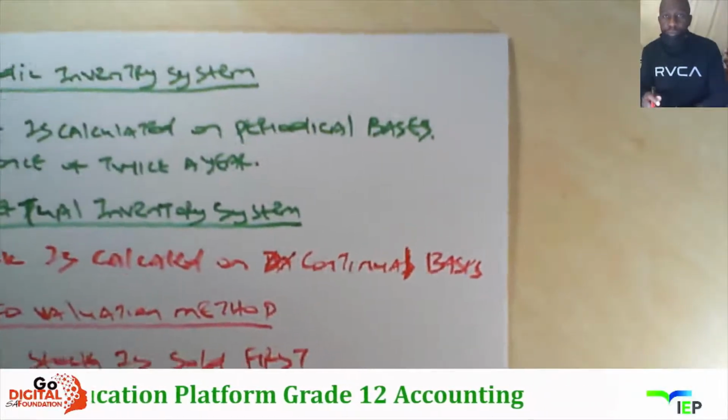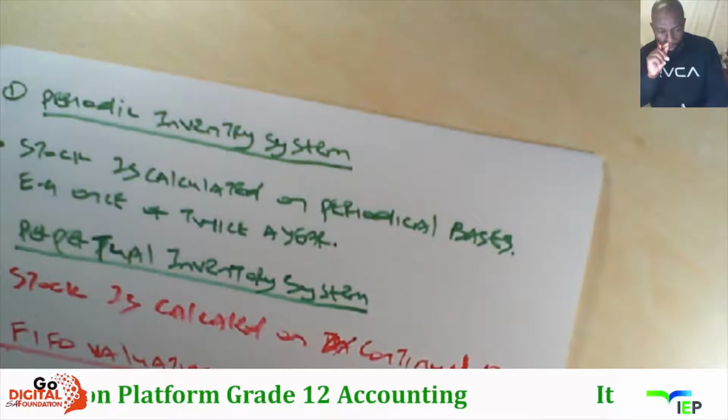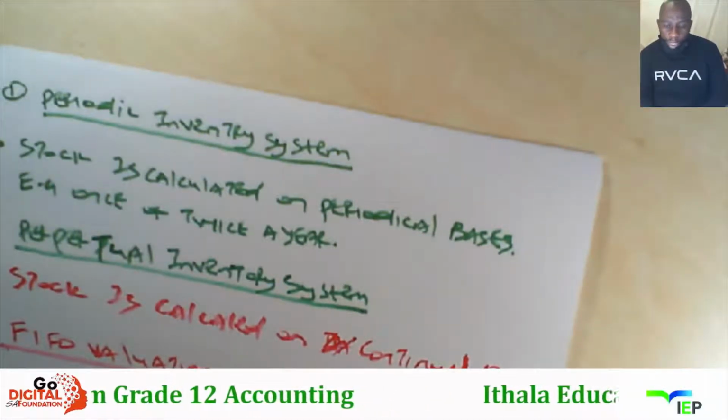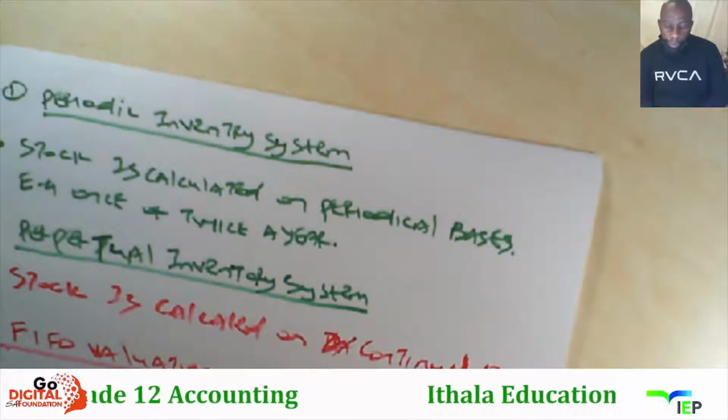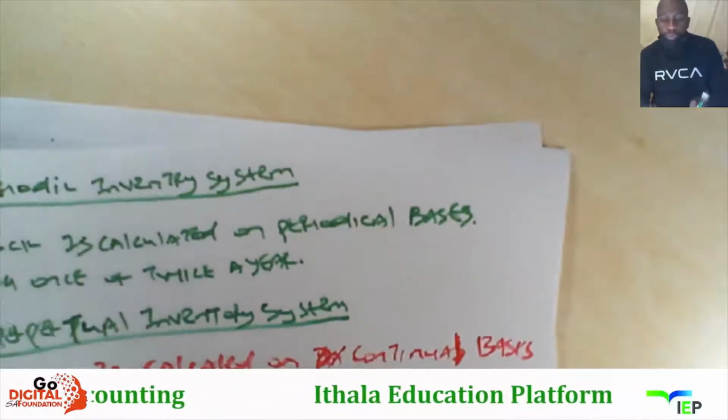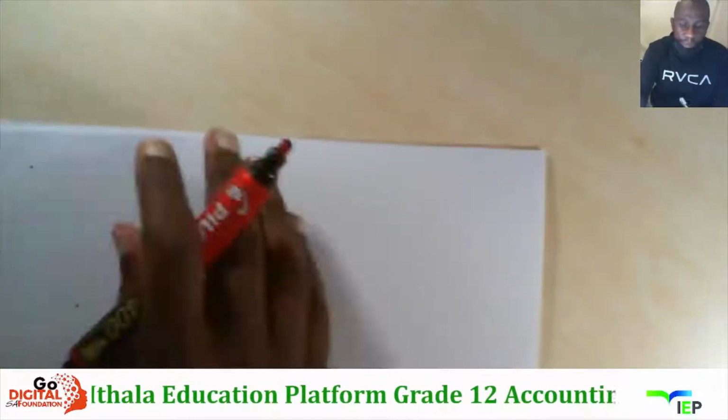So we already calculated the periodic inventory system, the perpetual, the FIFO method. Now we are going to the last two, weighted average as well as the specific. We're still going to do those ones, but for the sake of the question.